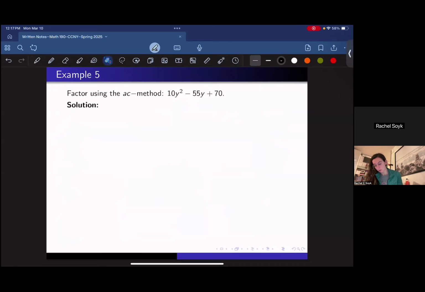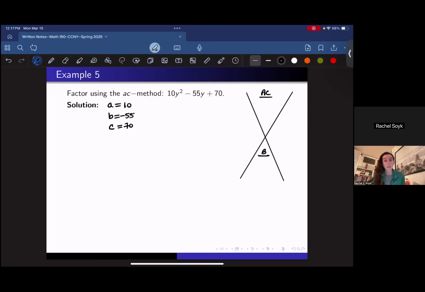This time we're going to do it from scratch and we're going to go a little quicker. So we're going to set up our AC chart. We know our A is 10 here, our B is negative 55, and our C is 70. Ooh, but what was the question that I asked you in the very beginning? Something about GCF, right?